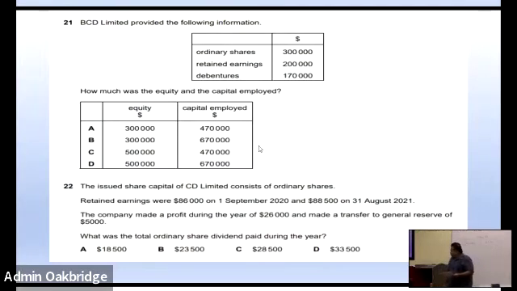22. The issued share capital of CD Limited consists of ordinary shares. Retained earnings were 86,000 on 1st September 2020 and 88,500 on 31st August 2021.